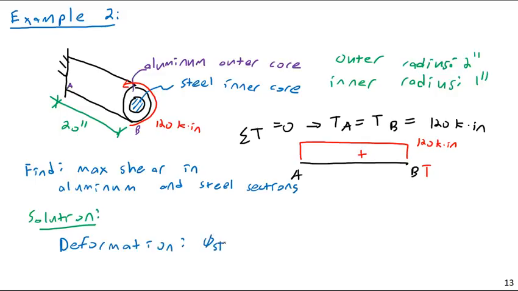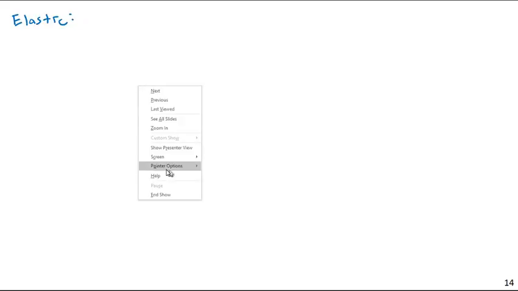So the angle of twist for steel must be equal to the angle of twist for aluminum, or aluminium if you prefer. So I'm going to make another assumption, an elastic assumption, which is usually pretty good. We can always go and check it. If we assumed wrong, we'll end up with a stress that's overly elastic, and in that case we'd have a problem. We'd have to go back and fix it.